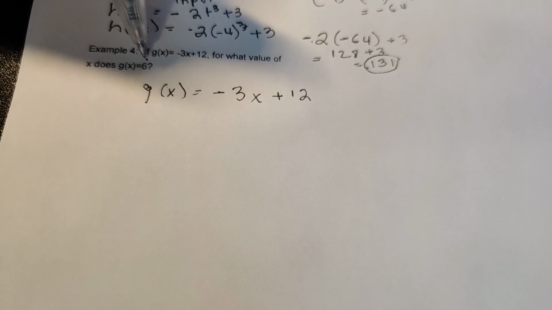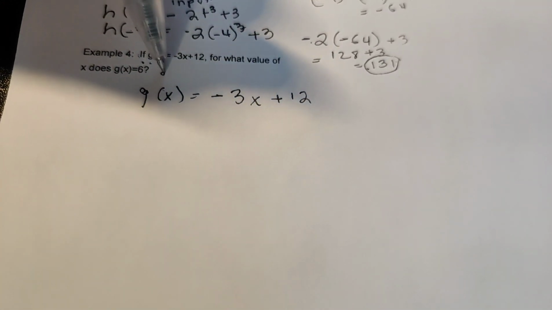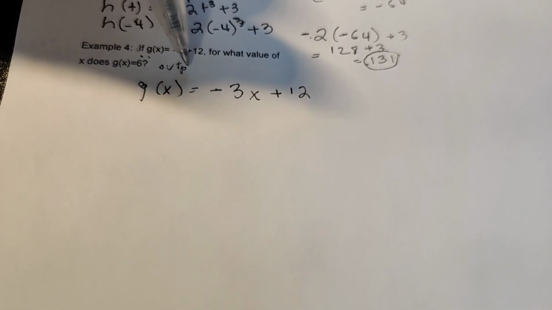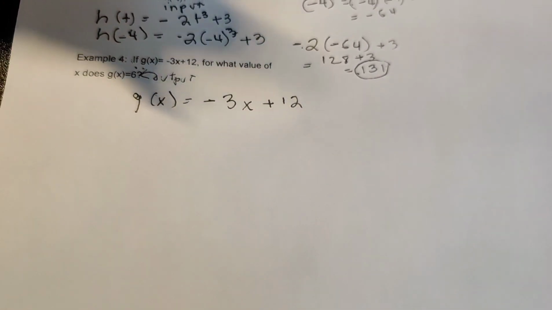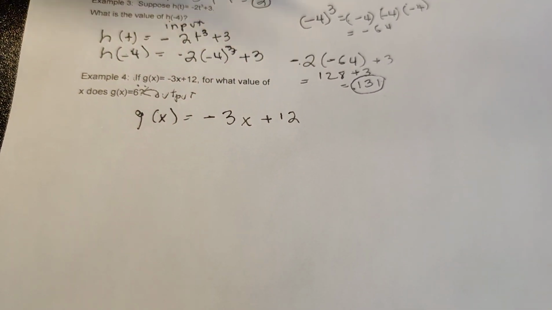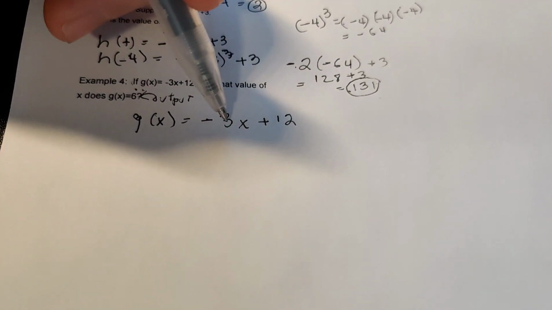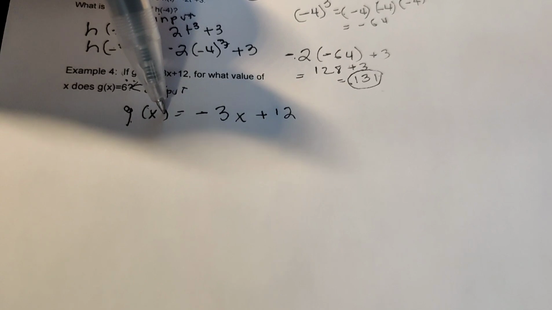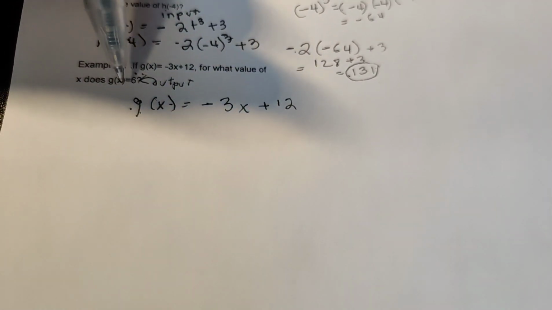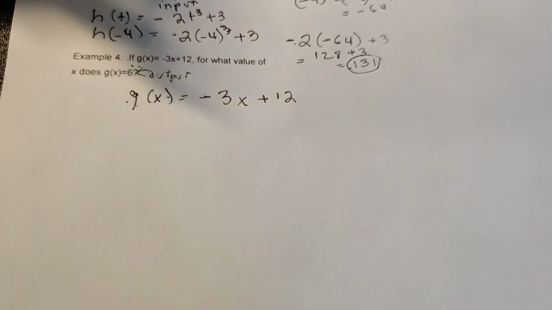It's an output because it's not in the parentheses, okay? All right, so we're not just going to simply substitute this in for x. We're going to replace the output, which is g here, with the 6, okay?